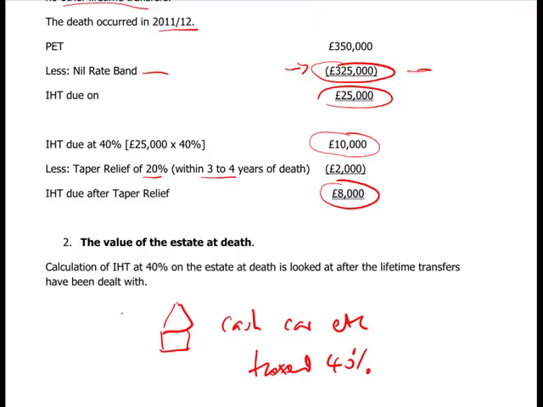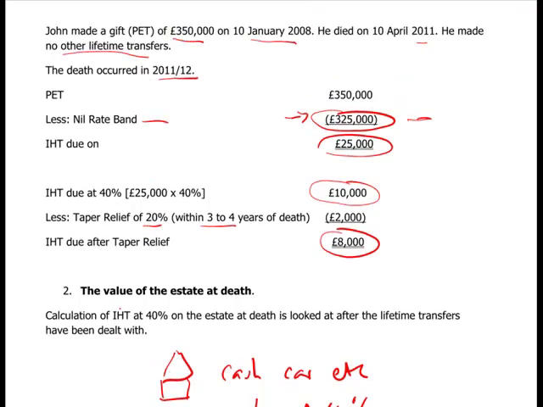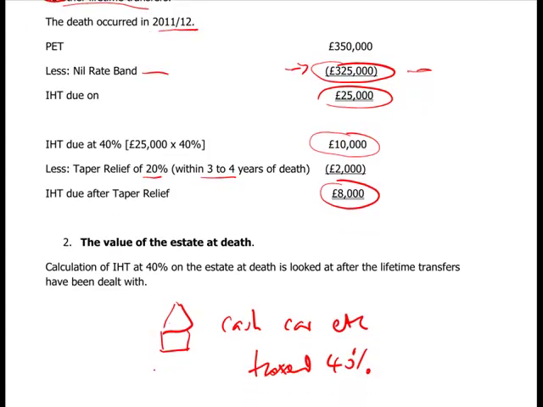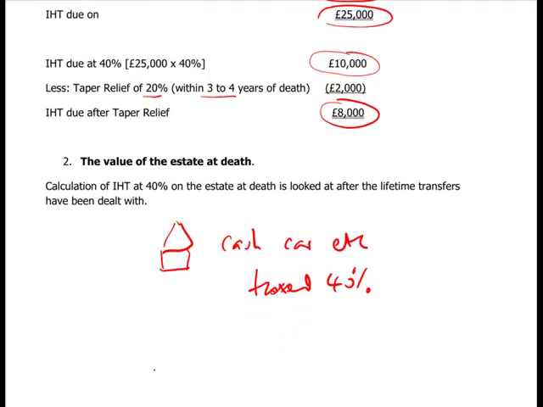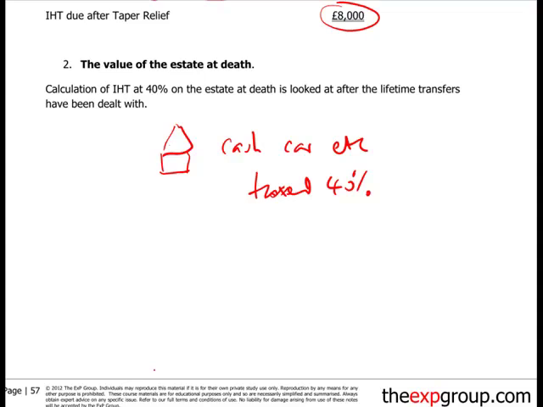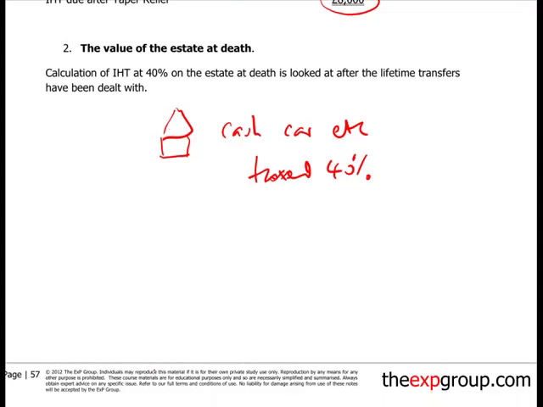So anything this person owns, who was it? It was John. John's estate is all going to be taxed at 40%. Okay, and that's how you do inheritance tax. Now is the end of the chapter, and we can now go to VAT in the next recording.